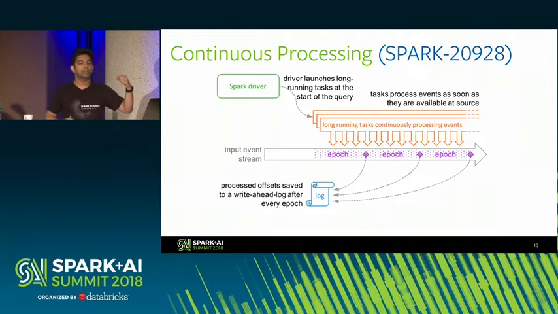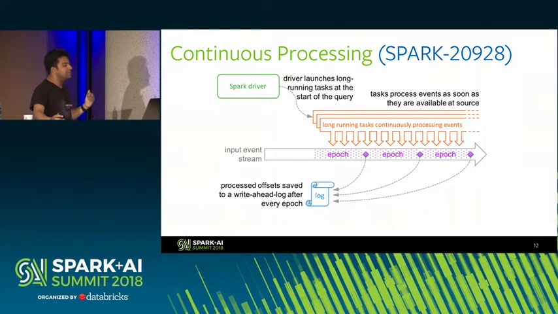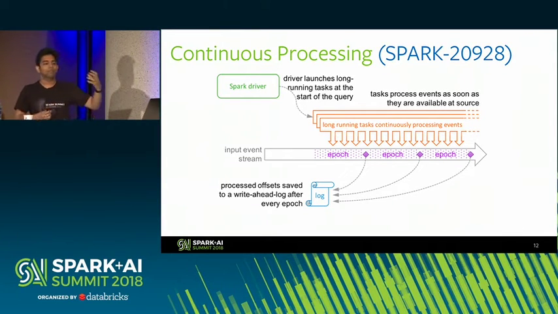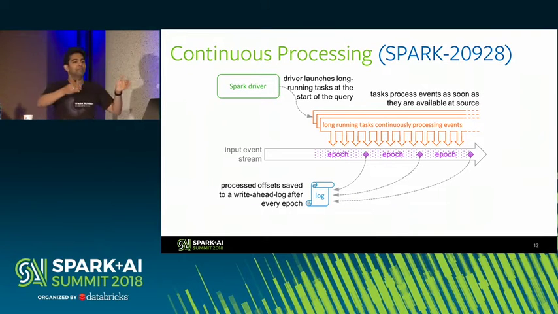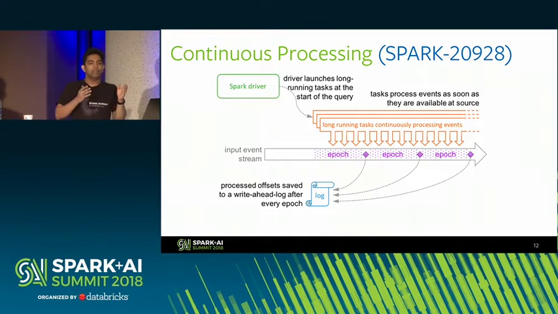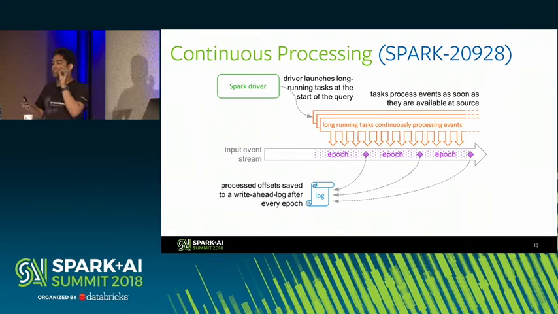So the task launch time is no longer the bottleneck. And then these tasks start processing the events as soon as they come in. They don't have to wait for events or batch them before they come in, right? And at periodic intervals, these events are logged to a write-ahead log. So the events are processed, and then at periodic checkpointing intervals, they are logged to a write-ahead log.